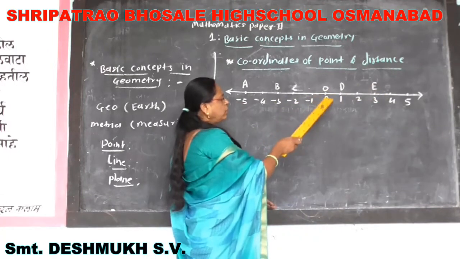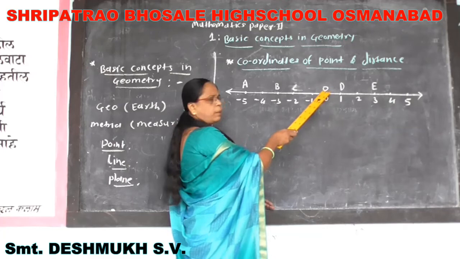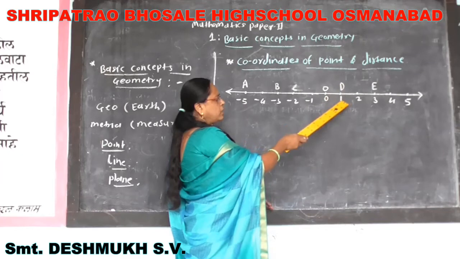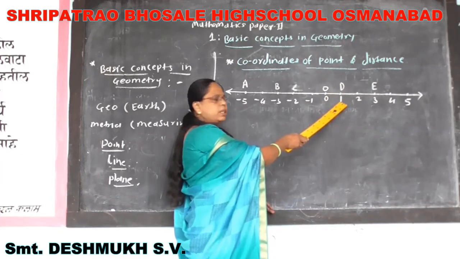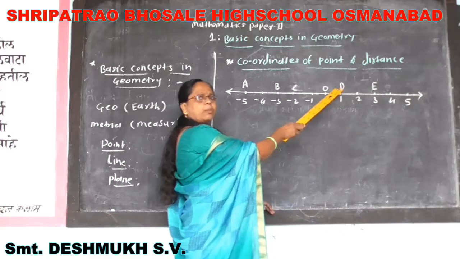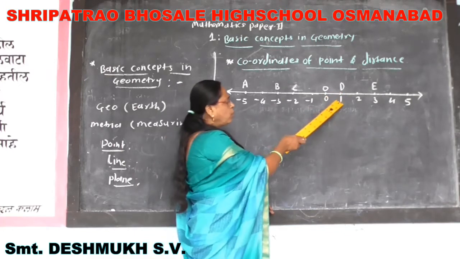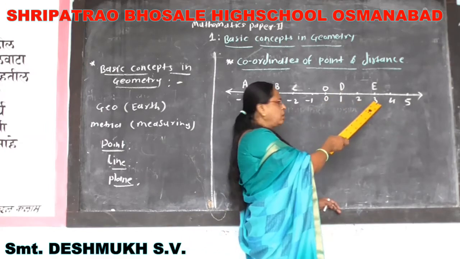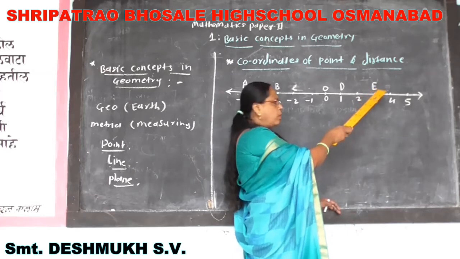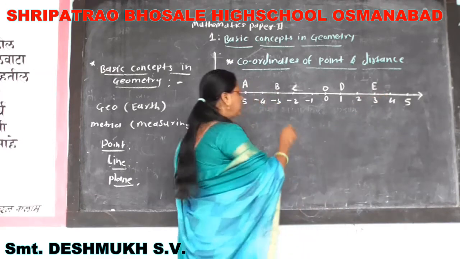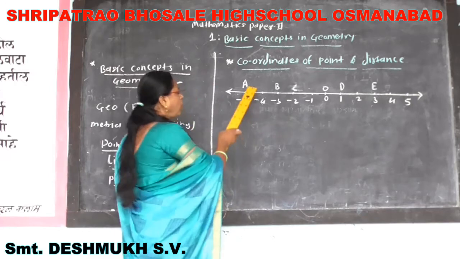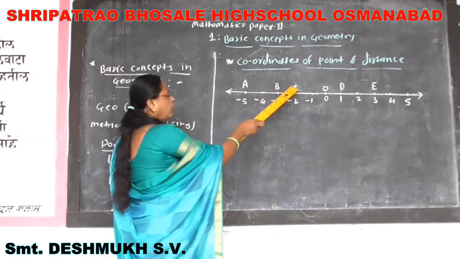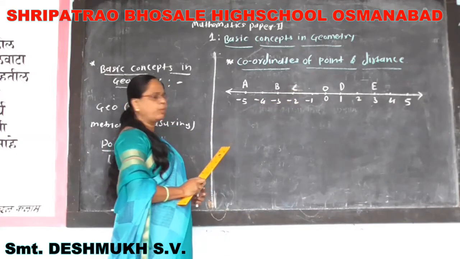The middle point is O, 0 denoted by O. On the number line, the number 1 denotes point D, and therefore we say that 1 is the coordinate of D. Similarly, number 3 denotes point E, so the coordinate of E is 3, the coordinate of A is -5, the coordinate of B is -3, and the coordinate of C is -2.